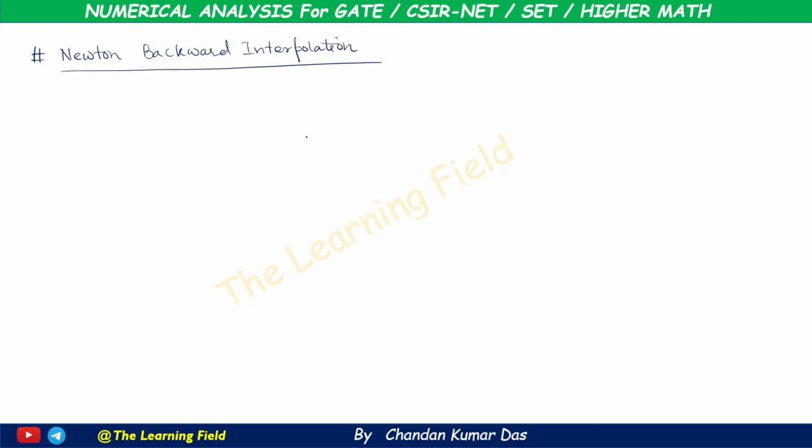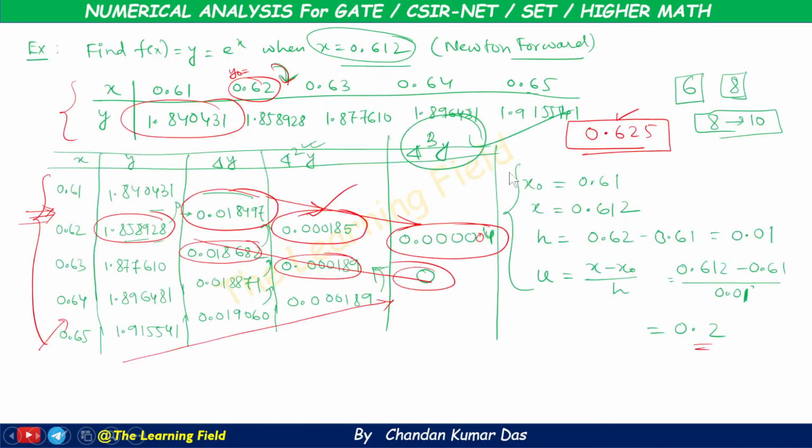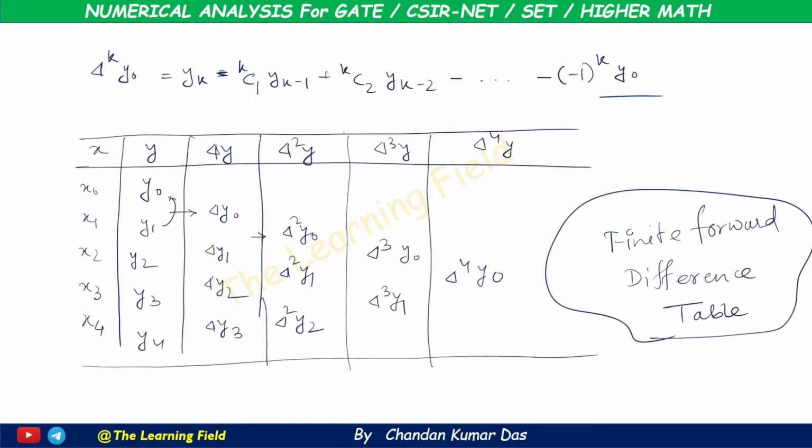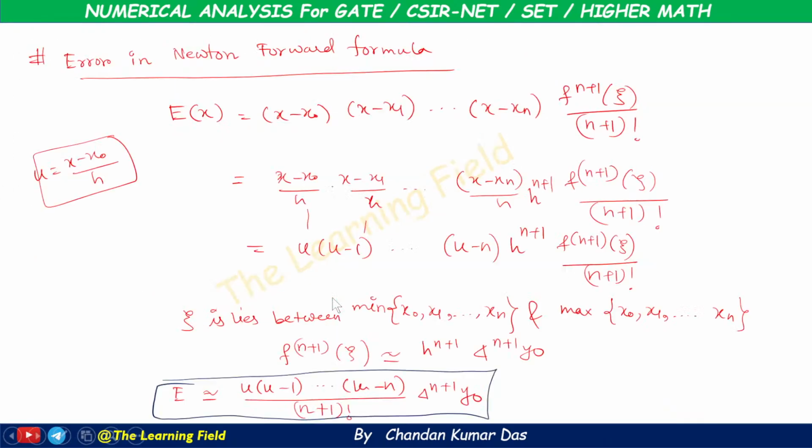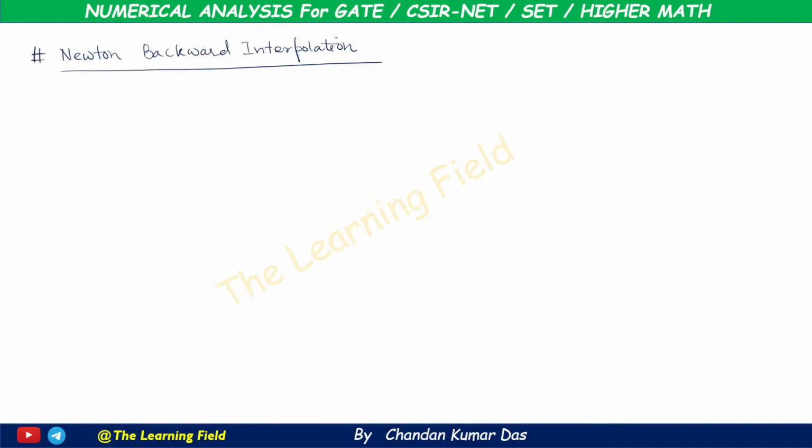There is the same case where phi(x) is as we wrote in the forward interpolation formula case. Same phi(x), and we just write the formula from the back side.